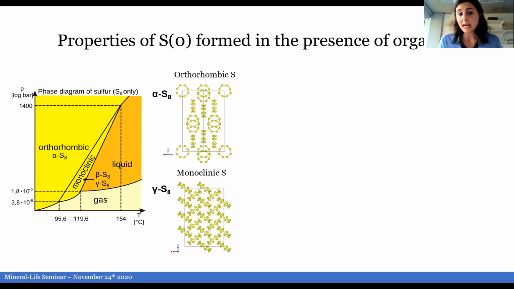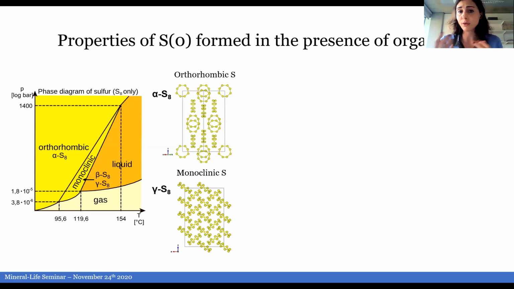Finally, we can look at the crystal structure of this sulfur. First I have to tell you a little bit about the structure of sulfur minerals. Elemental sulfur is formed by S8 rings, so they are rings composed of 8 sulfur atoms. Those rings can be arranged in 3 dimensions in different structures.